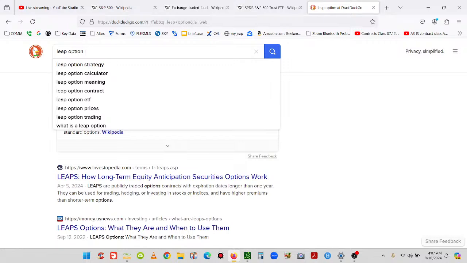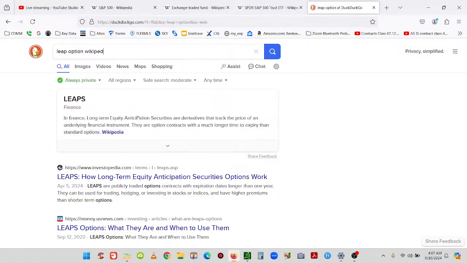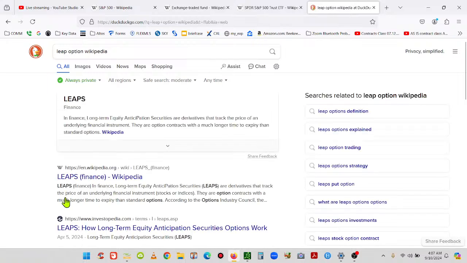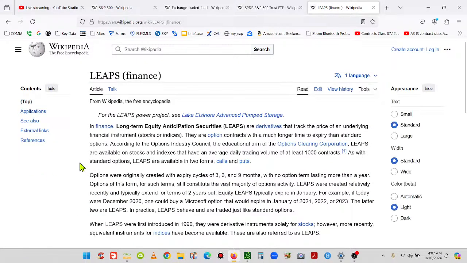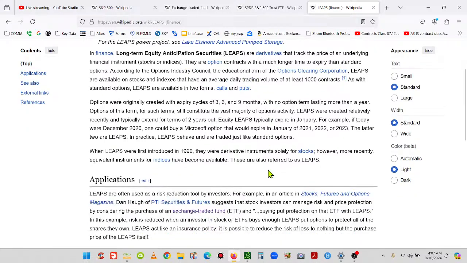Let's see, I'll use Wikipedia as a source to avoid copyright. So in finance, long-term equity LEAPs are derivatives. All right, they are option contracts. Maybe I'm using the wrong term. Maybe it's not LEAPs.